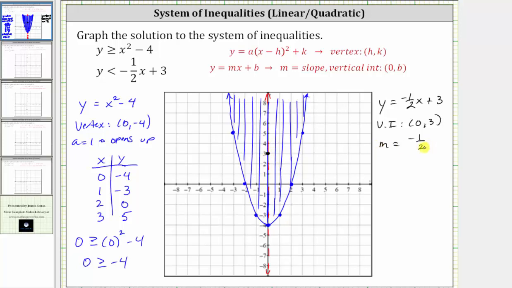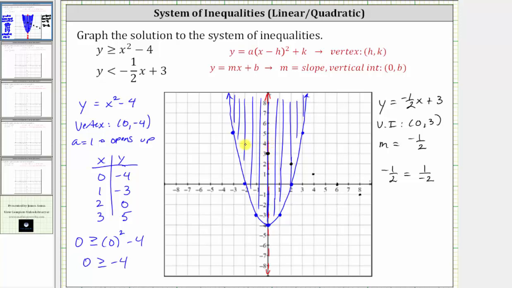And because the slope is negative 1/2, which we can write as negative 1 over positive 2, from the vertical intercept, we go down 1, right 2, which we can repeat over and over again. And negative 1 over positive 2 is equivalent to positive 1 over negative 2, which means from the vertical intercept, we can also go up 1 and left 2 to find points on the left side.